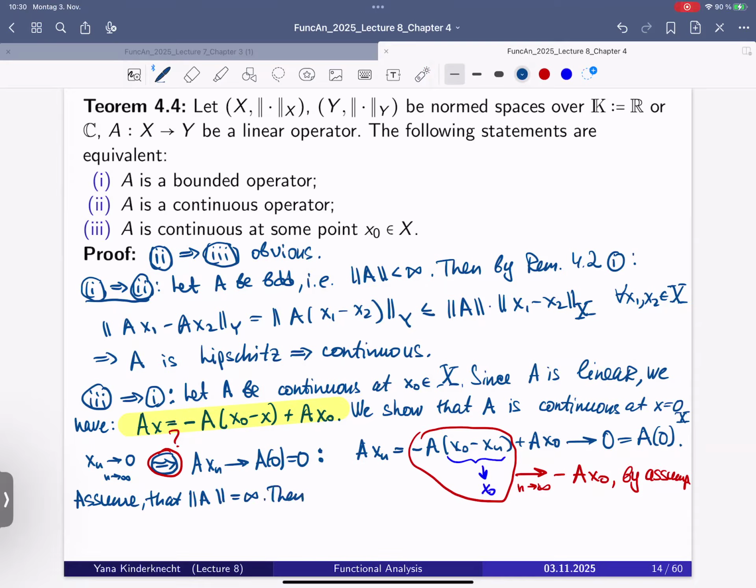Then there exists a sequence of vectors Xn satisfying the following properties. They all live in the unit sphere, but the norm of A applied to Xn is bigger or equal to n.